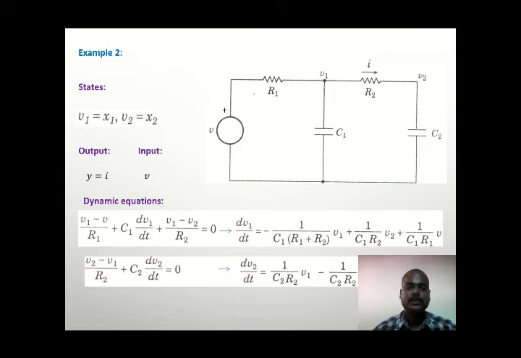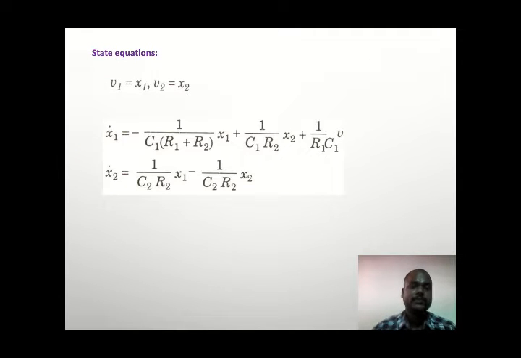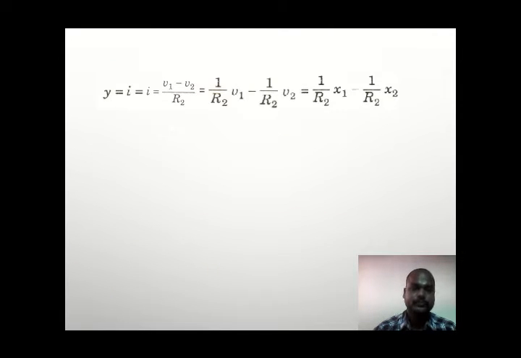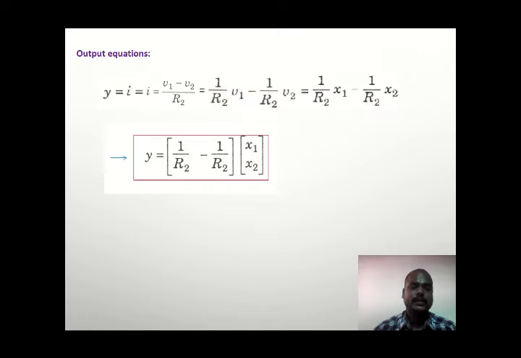So moving on, when we separate our variables as x1 and x2, we obtain these two state equations, and after separating, we can obtain the state transition matrix A and the input gain matrix B. For our output, we have y equals I, which is (V1 minus V2) by R2, and V1 and V2 are the states. So this C matrix will be exactly like this.